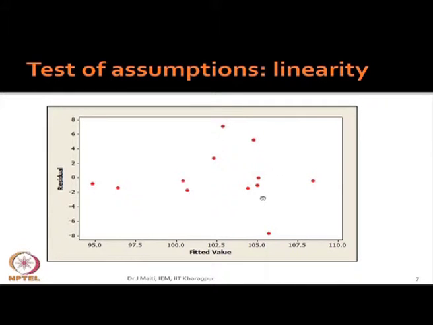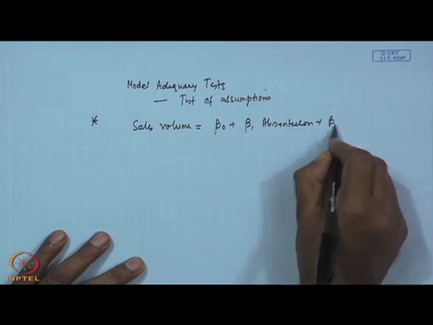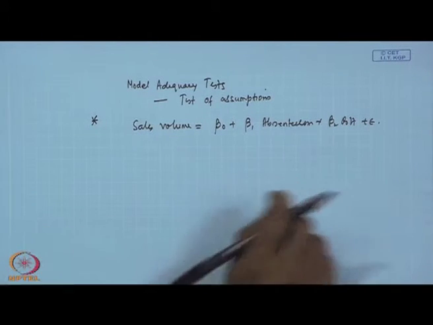Then today's topic is test of assumptions. One of the assumptions is linearity. Now, if you look into the results of the given problem, that is the small company doing business in a local city, where sales volume is a function of absenteeism and breakdown hours plus error.